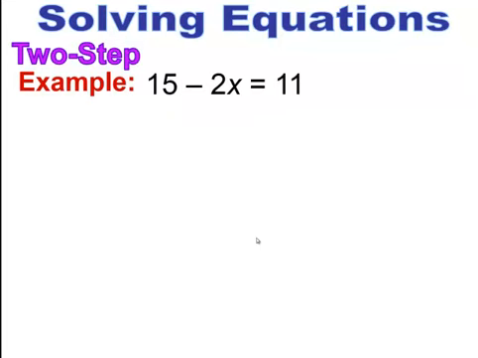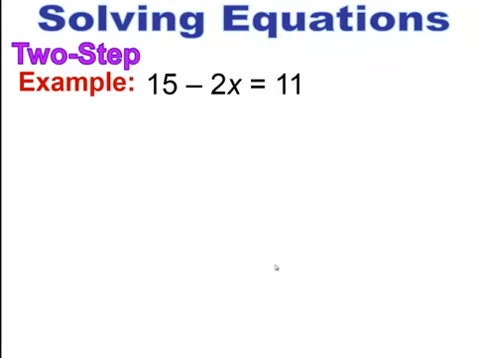So this next one, you have to be careful. I need to solve for the variable. I have to isolate the variable to one side, which means I want to first deal with the 15. I'm not going to deal with what's attached to the variable. I'm always going to get rid of what's around it first. And what's attached to the variable, you'll see, is really going to be a -2.